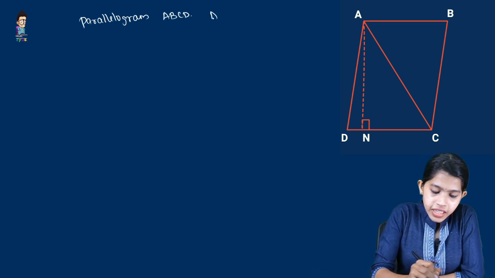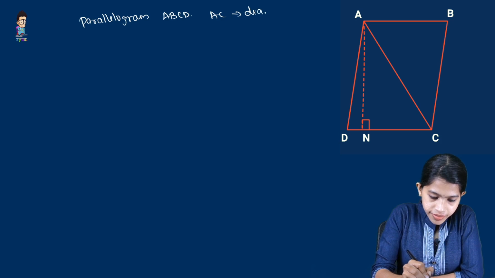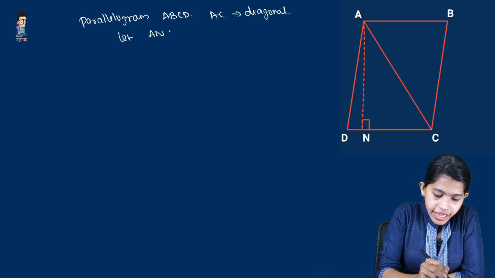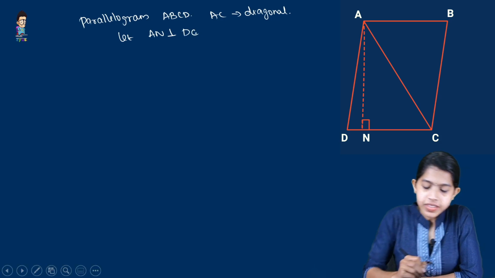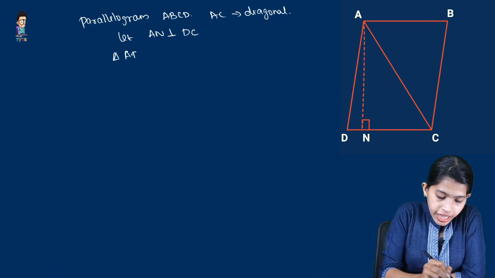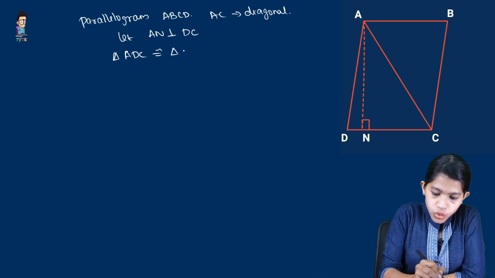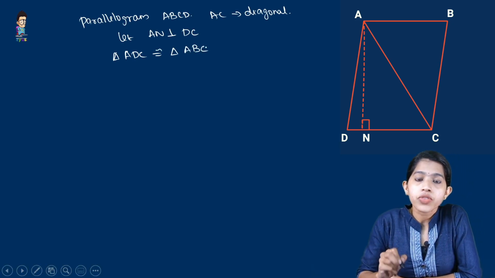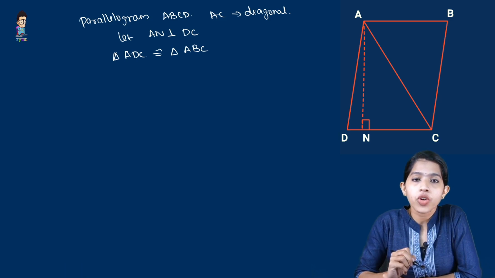And AC is the diagonal. Let AN be perpendicular to DC. Then we can say that triangle ADC is congruent to triangle ABC, since the diagonal of a parallelogram divides the parallelogram into two congruent triangles.